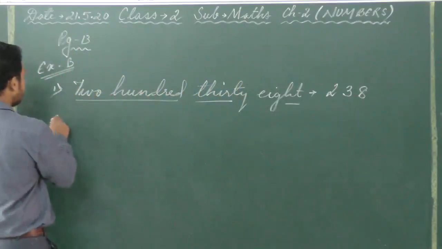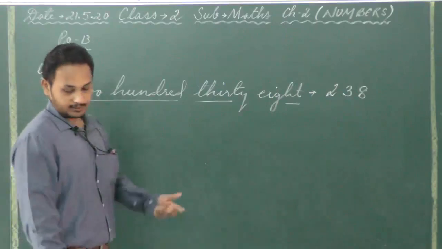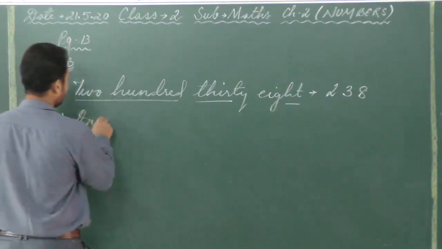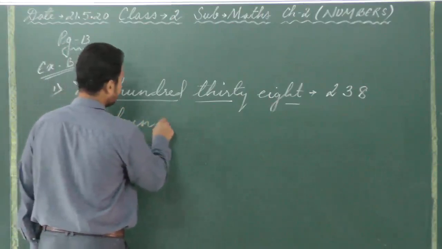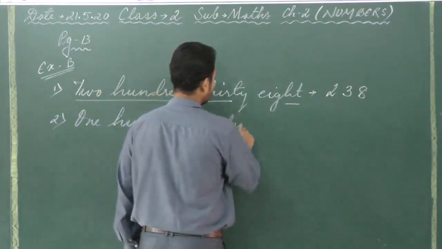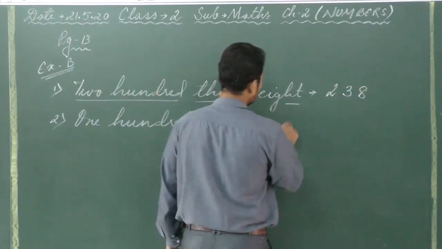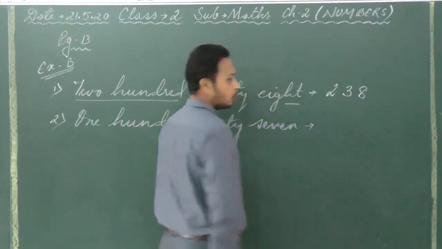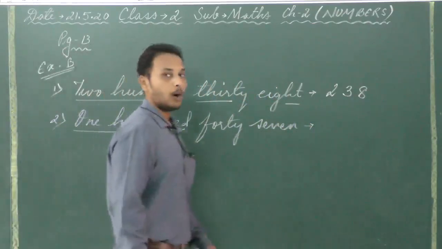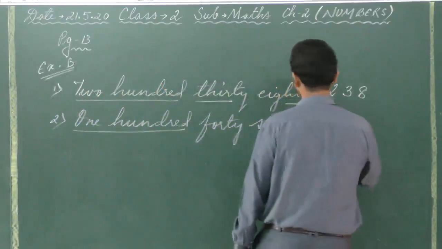Then the second question is 147. Now once again you see which number is in hundreds place. We have 1. So you are going to write 1.